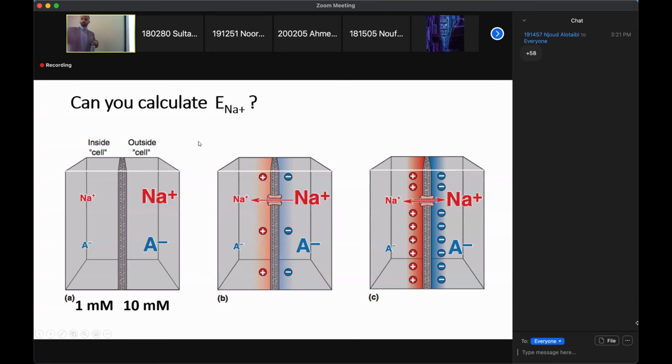So the concentration of sodium outside is 10 millimolar and inside is 1 millimolar. Yep. Very good. Excellent. It's positive 58 millivolt. Doctor? Yes. 58 is the constant number, right? Yes.